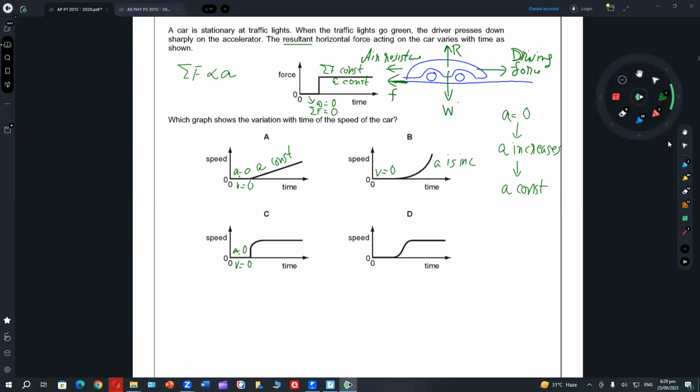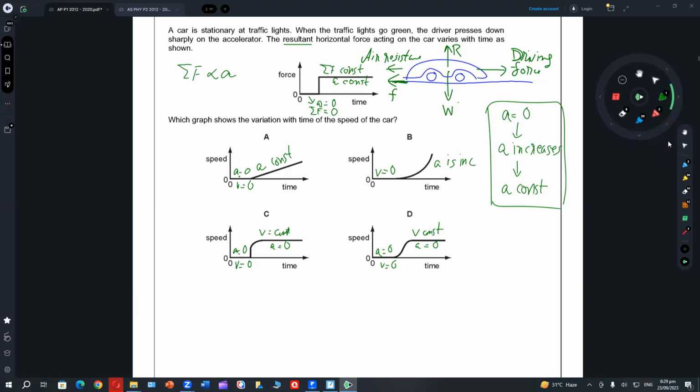Then velocity becomes constant and acceleration becomes 0 again. I have worked out all the sketches, and I have the description of the situation. Now, which of the graphs matches with my box?